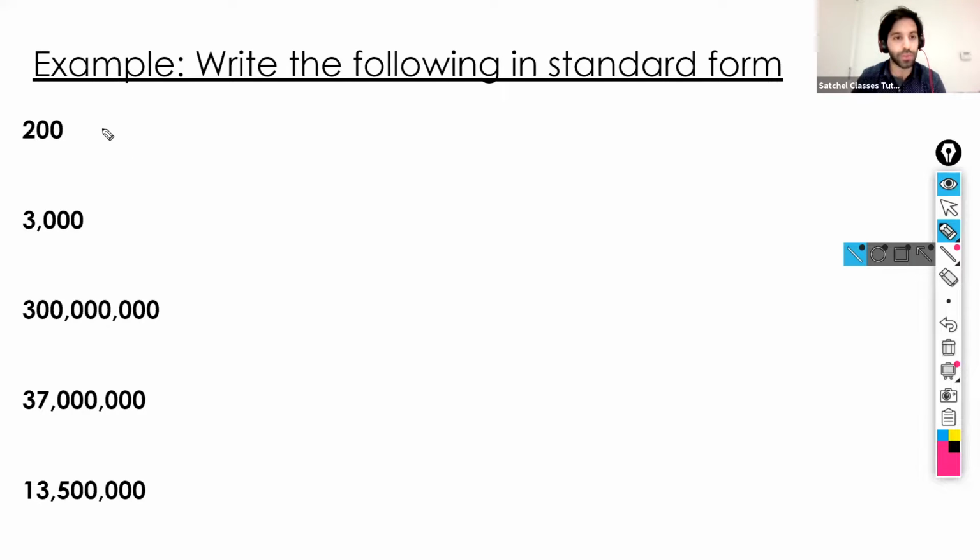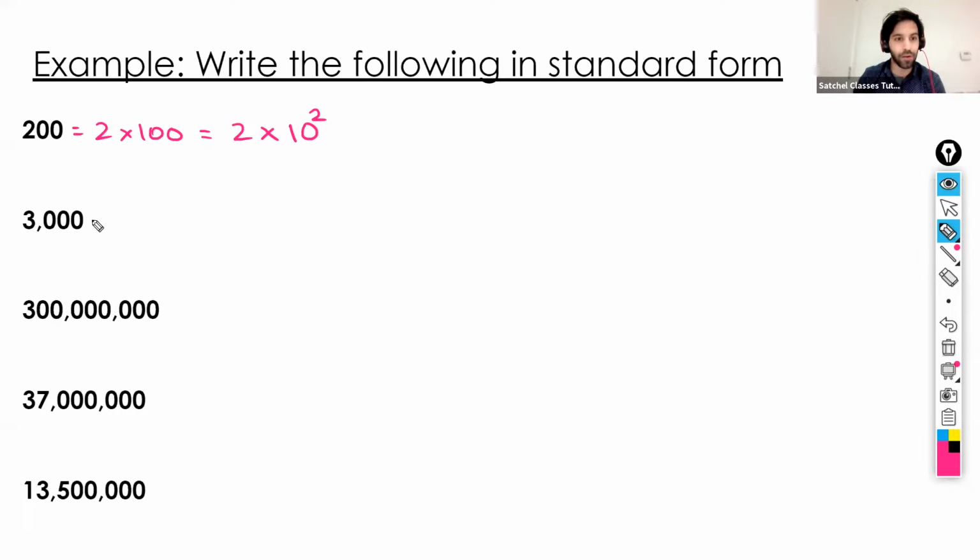So 200 just means 2 lots of 100. I can rewrite 100 as a power of 10, and 2 is a number between 1 and 10, so this 2 is correct. So this becomes 2 times 10 squared, since 10 squared is 100. So 2 times 10 squared is 200 written in standard form.